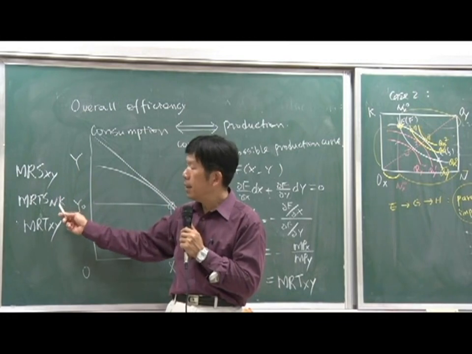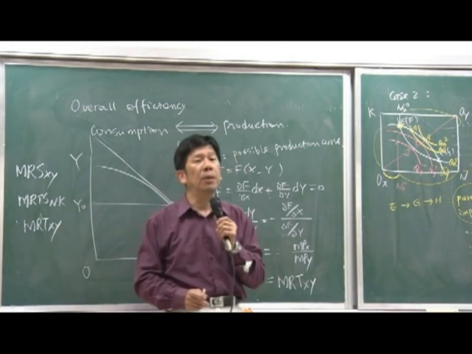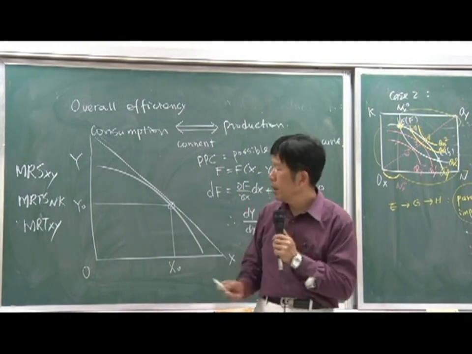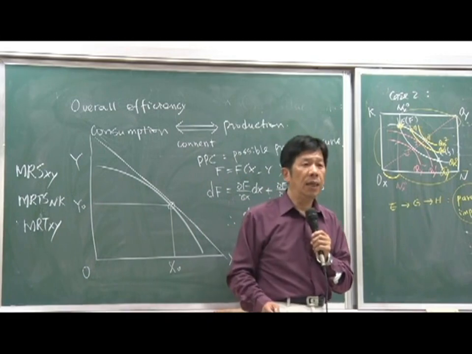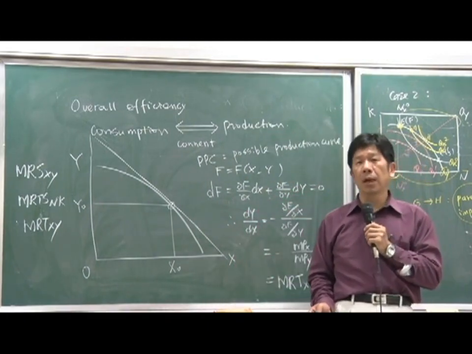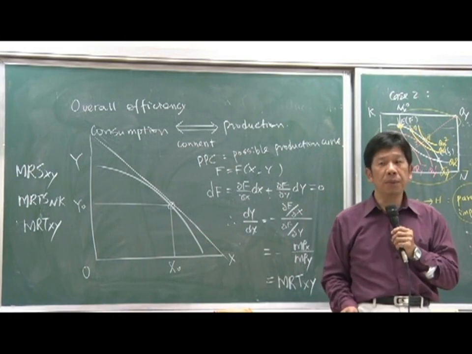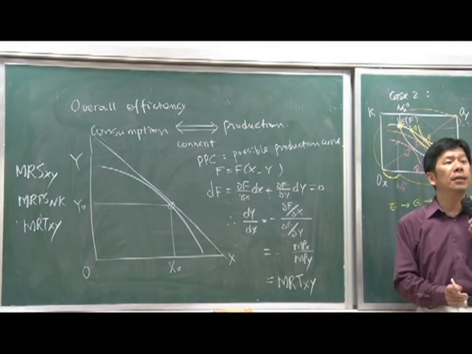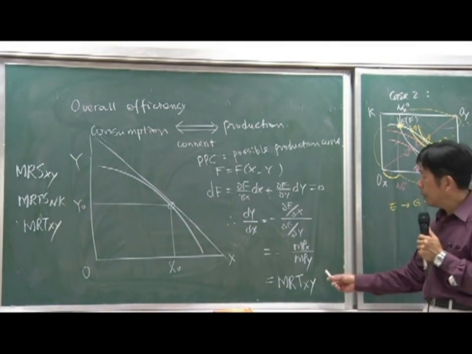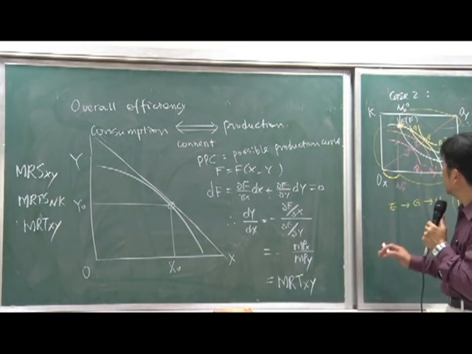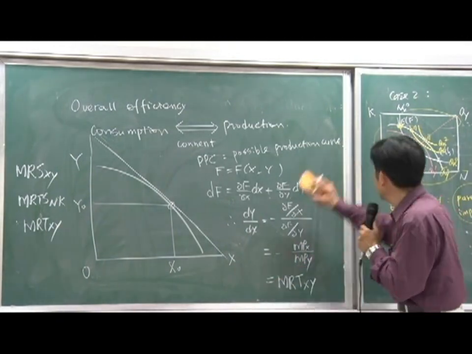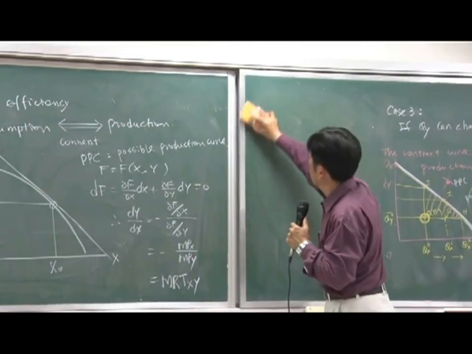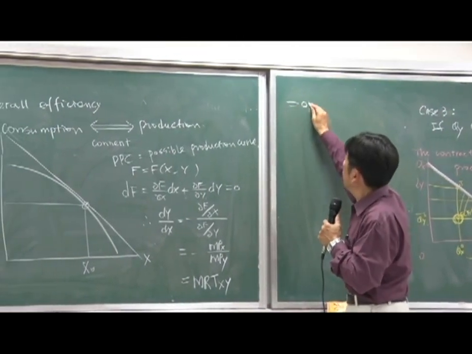MRTS_NK means the slope of the isoquant curve. And MRT means the slope of the PPC, or the possible production curve. So you need to try to know, and then you can easily understand. And what is MRT? I think you already have some idea about opportunity cost. Actually, this is the opportunity cost.